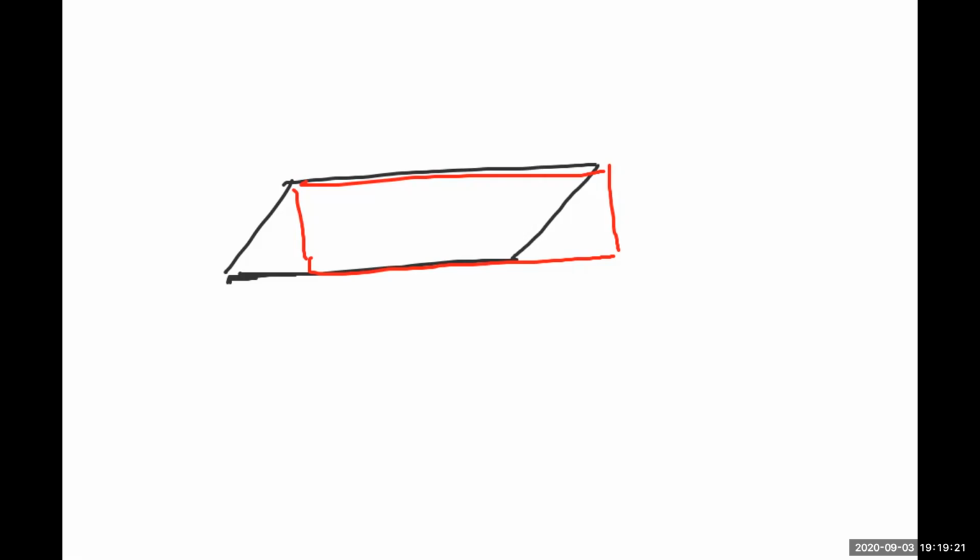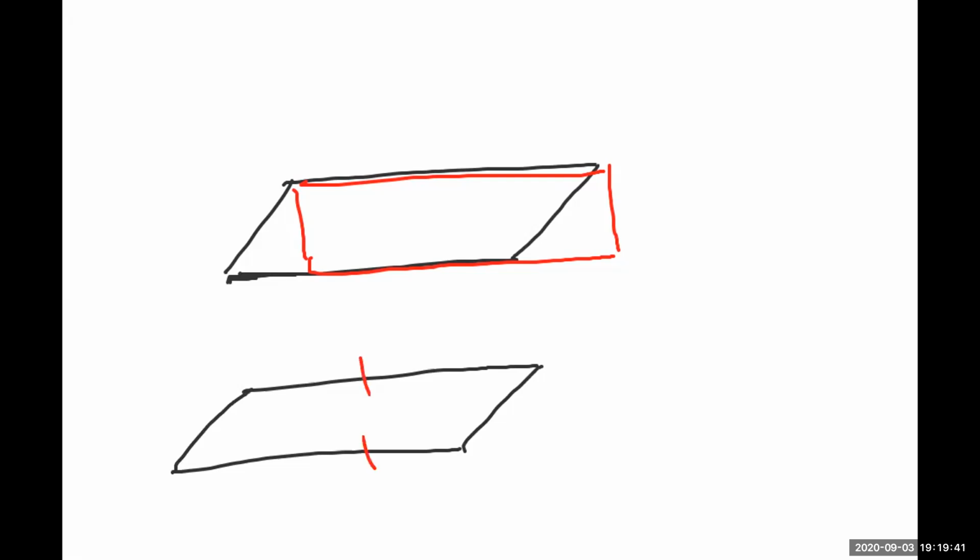Parallelogram means the opposite sides are parallel. These two lines are parallel, and these two lines are parallel. Parallelogram also means that these two lines have to be equal in length, and these two lines have to be equal in length.